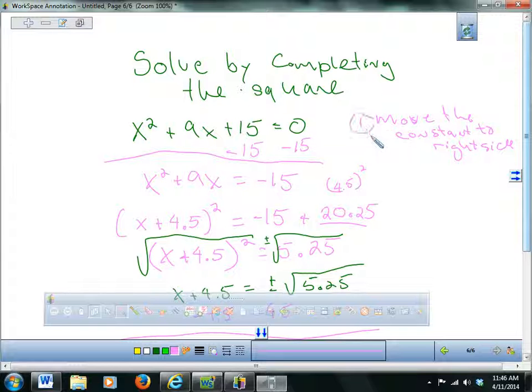Okay. Step 2 would be rewrite the left as x plus, well, all this is b divided by 2.